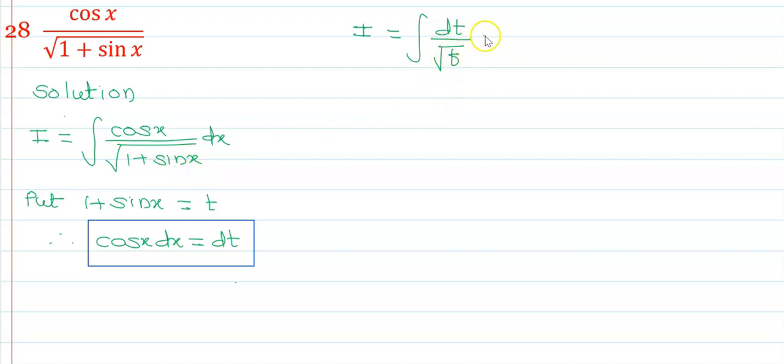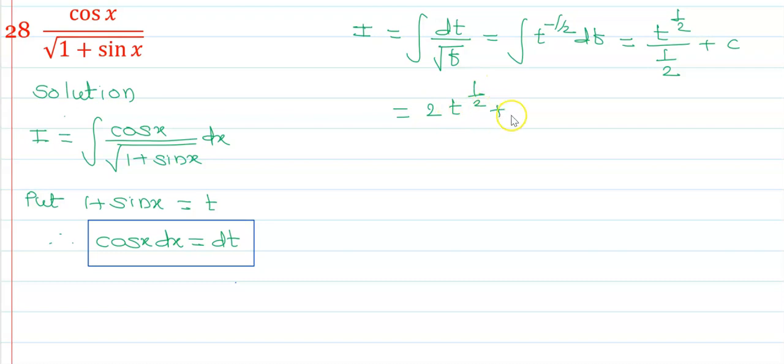the integral of t raised to minus 1 upon 2 dt is t raised to 1 upon 2, divided by 1 upon 2, plus c, and this equals 2 times t raised to 1 upon 2 plus c. That is equal to 2 root of t plus c.